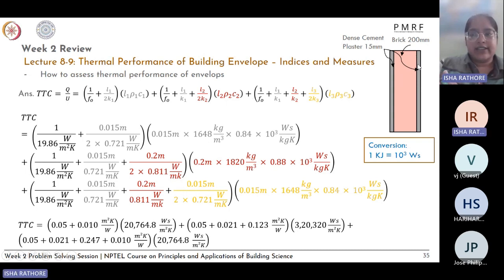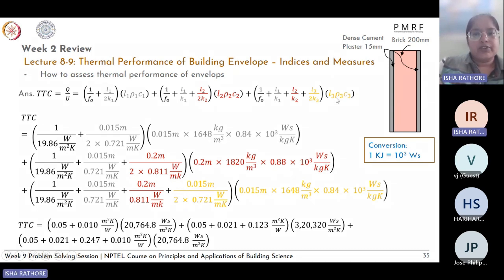Plus, for the third layer, which is again a dense concrete layer, we have 1 by F naught, our outside film coefficient, plus thickness of layer 1 by thermal conductivity of layer 1, thickness of layer 2 by thermal conductivity of layer 2, and thickness of layer 3 divided by 2 times thermal conductivity of layer 3, into layer 3 thickness, density, and specific heat of layer 3. So L is thickness, K thermal conductivity, rho density, and C specific heat capacity. So this is the equation.